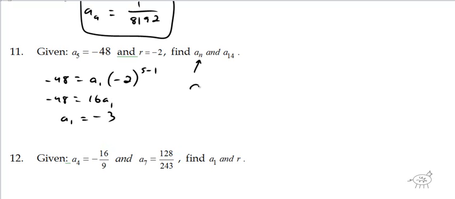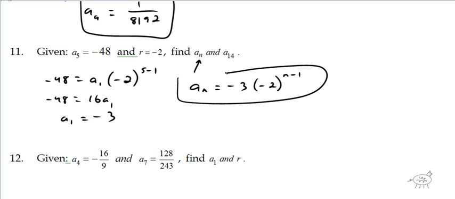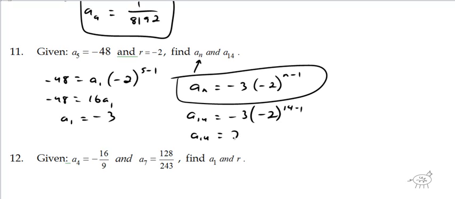And then I can come up with my general term really easily. A sub n equals a sub 1, negative 3, times r, which is negative 2, to the n minus 1. Okay, it's your general term. And then I plug in a 14. So a sub 14 equals negative 3 times negative 2 to the 14 minus 1. So a sub 14 comes out to be 24,576.